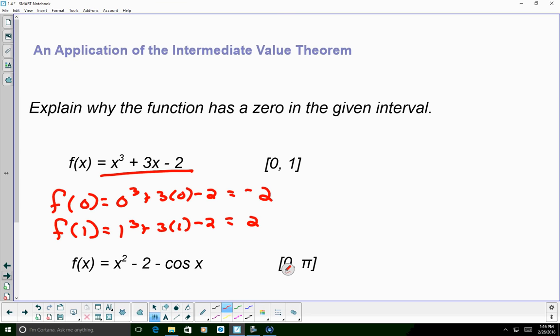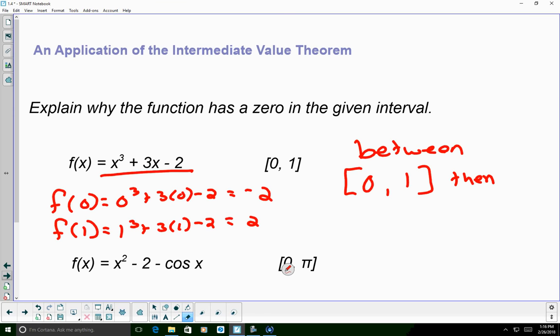So between 0 and 1, my graph goes from -2 to +2, which means somewhere in the interval of 0 to 1, I have to have a 0. Somewhere between 0 and 1, f of x is equal to 0.